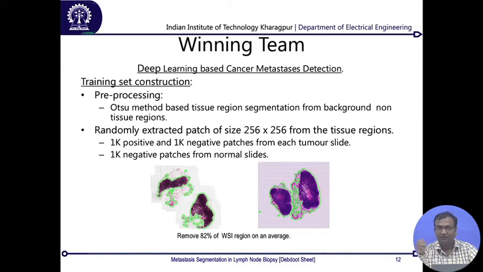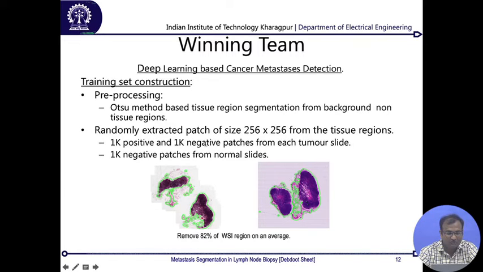So now you can sample randomly, some regions from the metastatic region and others from the non-metastatic region. On top of that, since the dataset also had normal slides for training, they have taken 1000 such negative patches from the normal slides. Anywhere you sample from a normal slide within the tissue region, you are going to get a negative patch, because they do not have any metastatic region present anywhere.